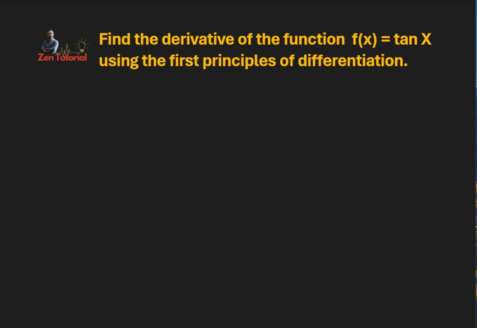Now the function is f of x equals tan x. So by using the first principle of differentiation, f prime of x is equal to limit h tends to 0.